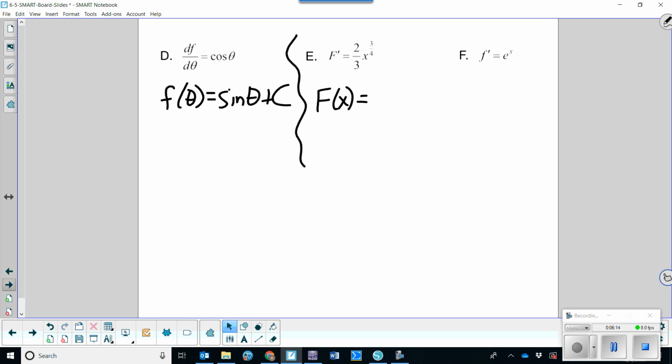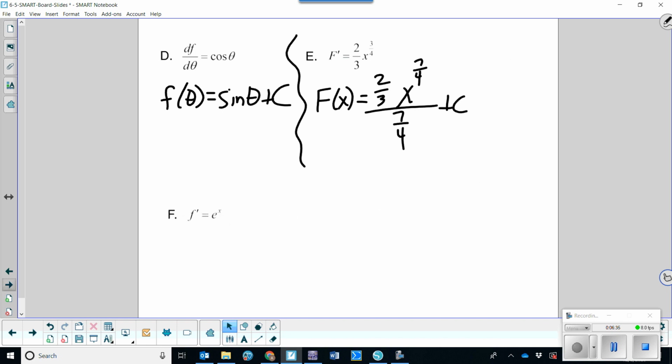So instead of multiplying and lowering the power, we're going to raise the power by 1 and divide by the power. So I'm going to put the 2/3 there, and then I'm going to divide by the power of 7/4.